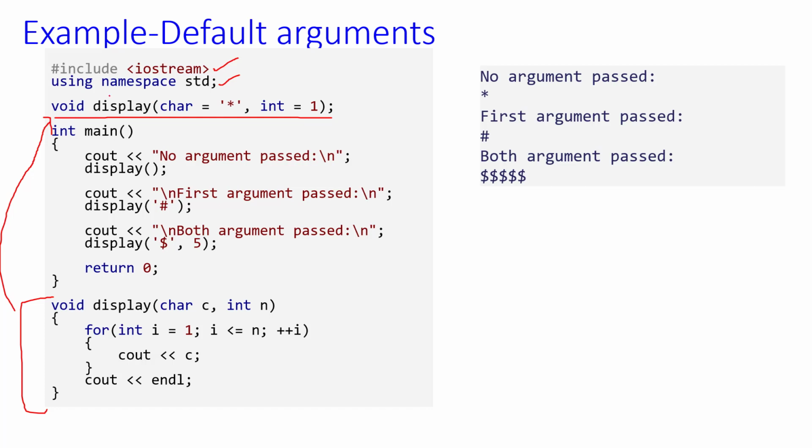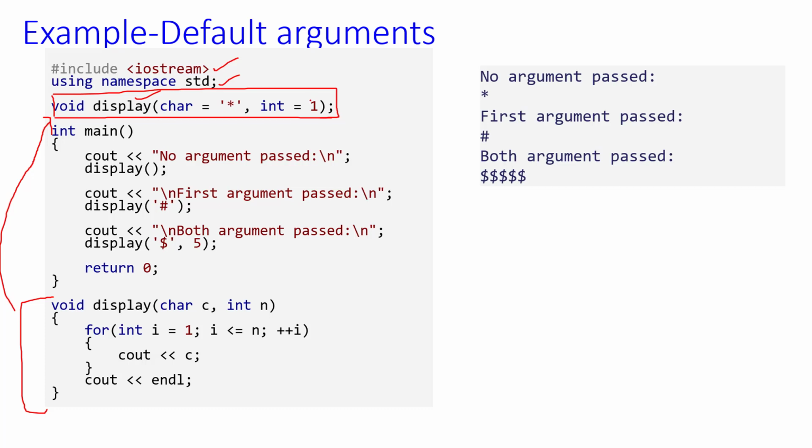As we are doing the main function before the sub function, we are initializing the values. void display(char c = '*', int n = 1). Display is the function name, character is star and integer is one.